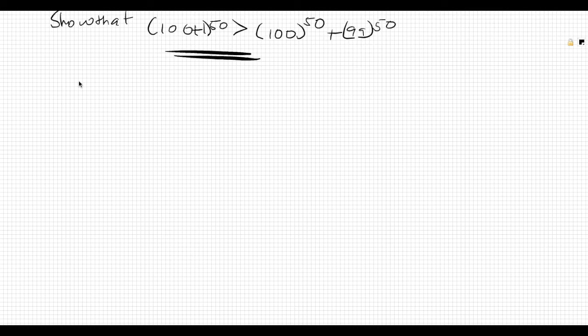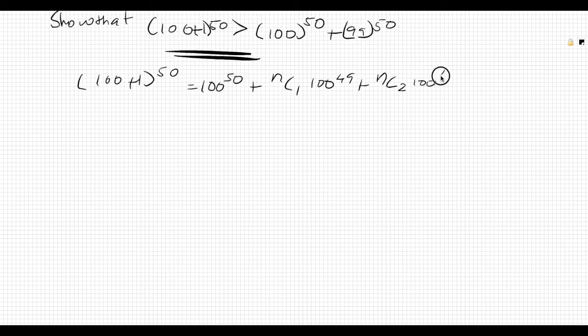Let's continue. (100 plus 1) the whole power 50 can be written as 100 to the power 50 plus 50C1 100 to the power 49 plus 50C2 100 to the power 48 and so on till plus 1. 99 can be written as (100 minus 1) to the power 50.